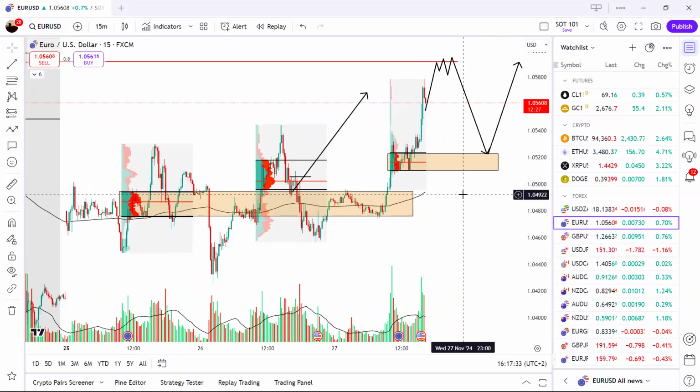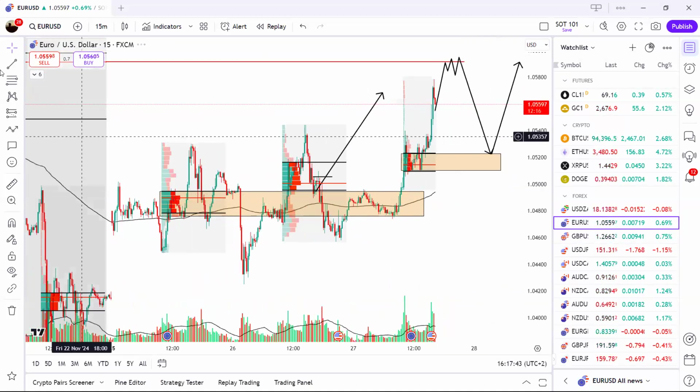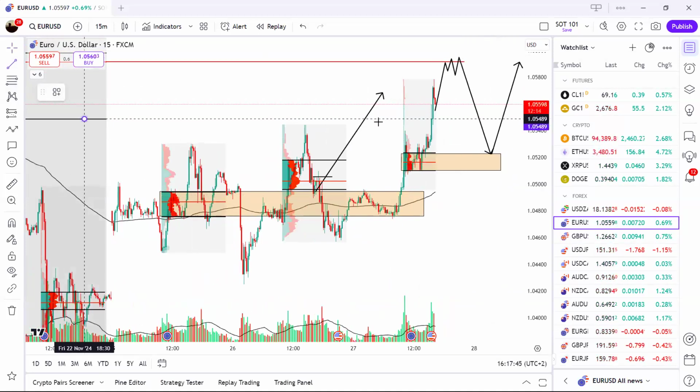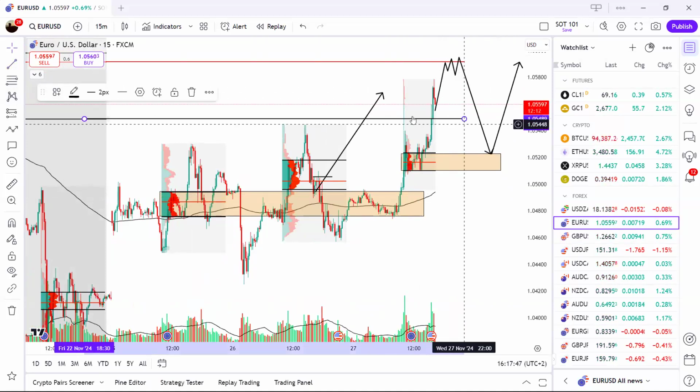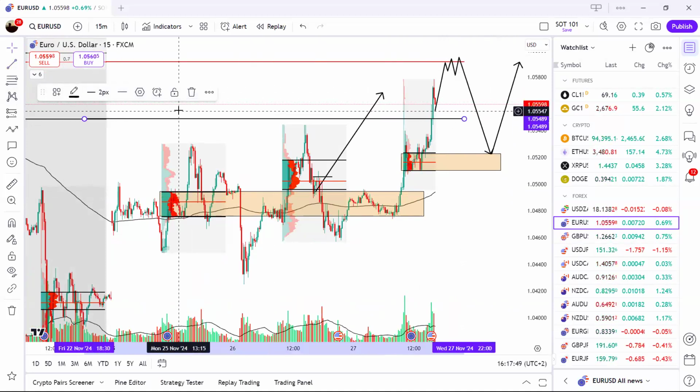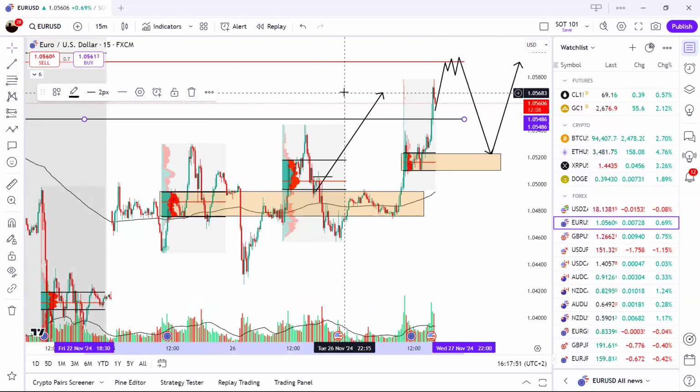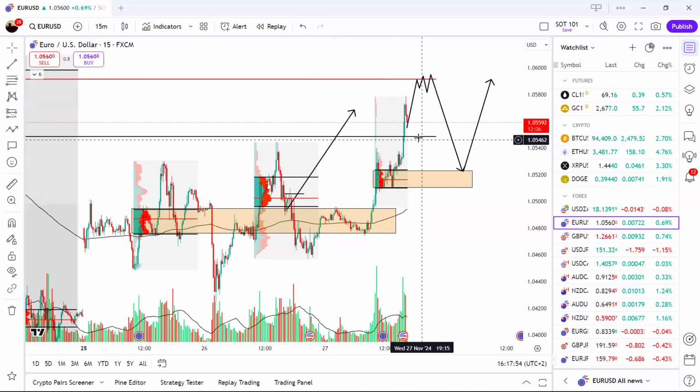I'm going to wait extremely patiently for this trade to come towards me. Not going to force any hands. I also want to look at the value area low for the previous week, because we might also see a reaction out of this price level.